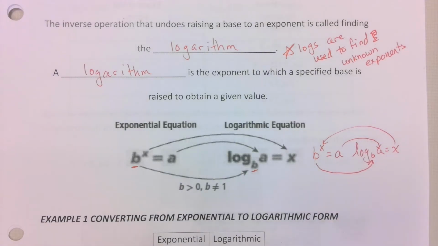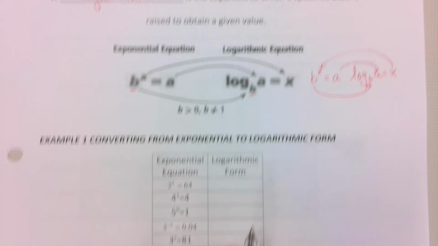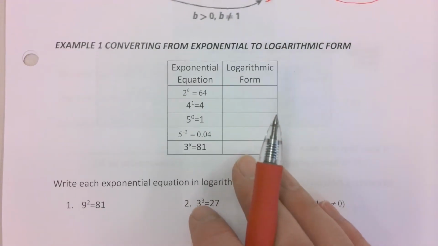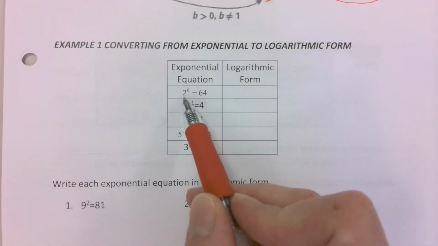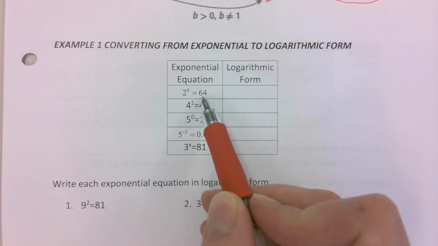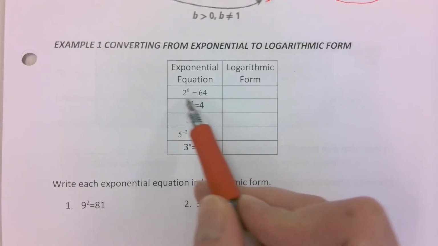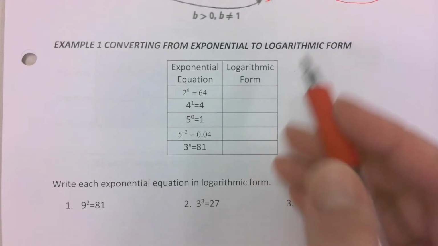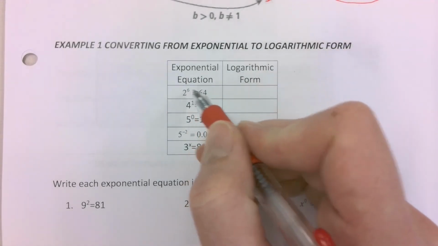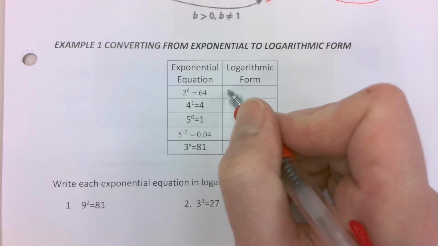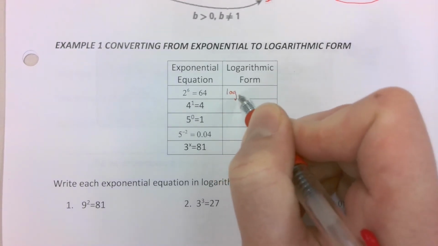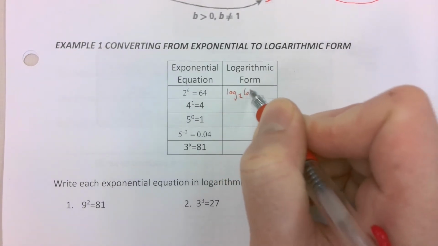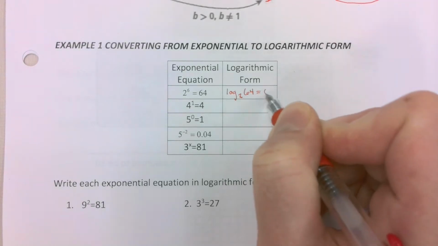So we're going to go ahead and practice converting these forms. If you look at this chart, everything in here is true. If I type in 2 to the 6, I will get 64. And so I'm taking this exponential form and changing it to logarithmic form. I'm not doing any math, just changing the forms. So 2 to the 6 equals 64. I'm going to write this as log base 2 of 64 equals 6.